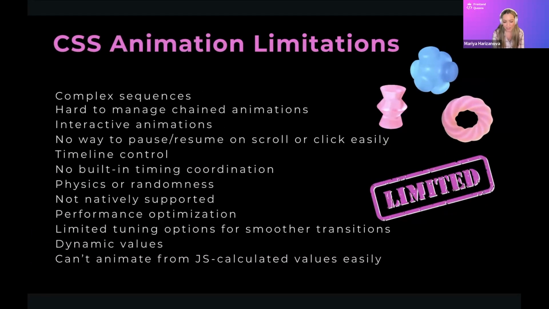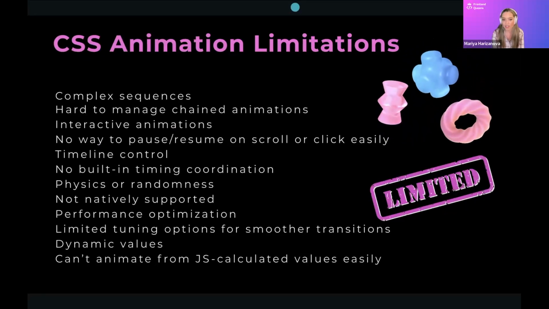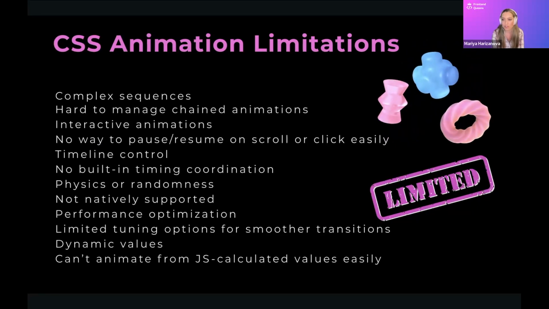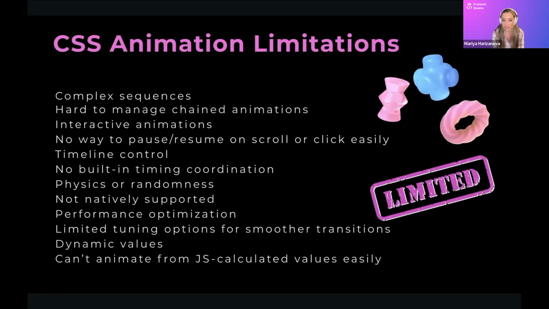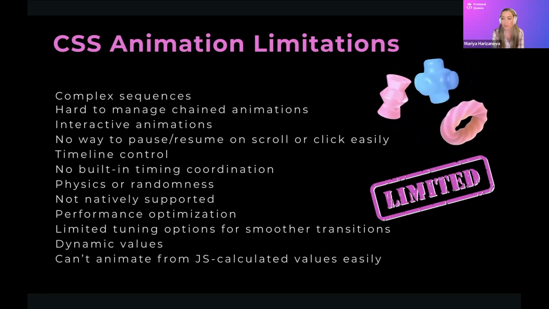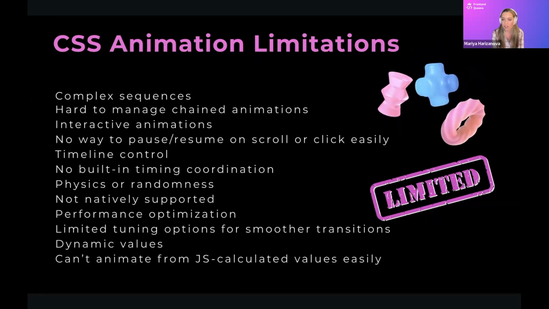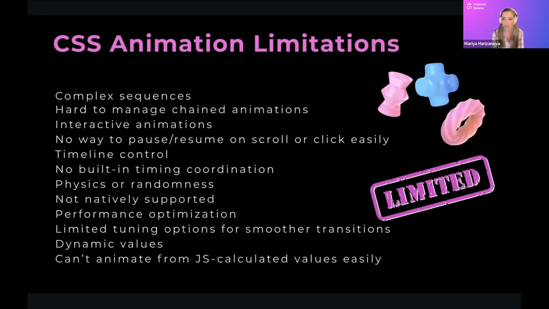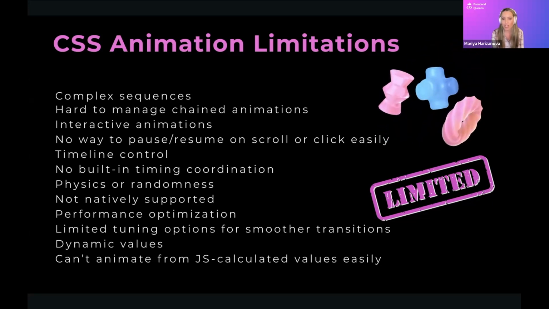So as I said, we're having the limitations. If we're having complex sequences, CSS animations are great for simple effects, but they do have some limits. For example, when we want something more advanced, there is also a lack of interactivity. There is no timeline control. Performance: sometimes you can see how the animation looks choppy or loads slowly.